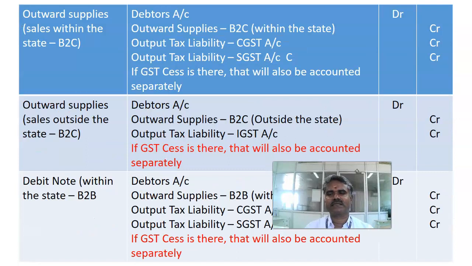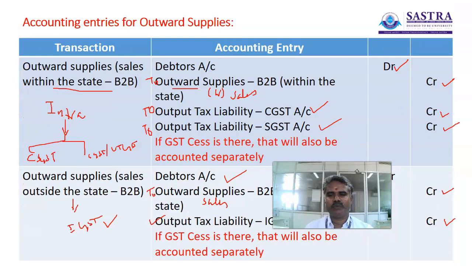Outward supplies, sales within the state. Then B2B and B2C. So whenever you do the business, it is possible for B2B and B2C.